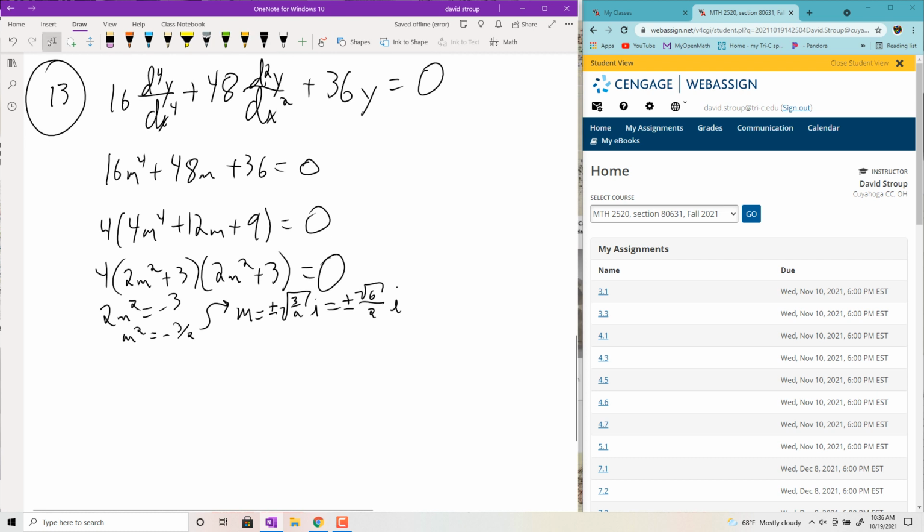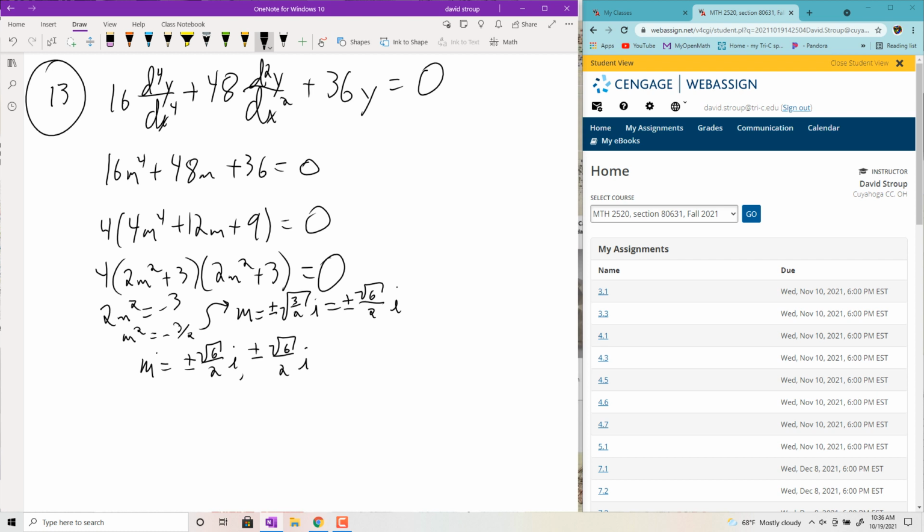Repeated, right? So the roots of the auxiliary are going to be plus minus root 6 all over 2i, plus minus root 6 all over 2i. So remember, when you're repeating roots for these linear homogeneous equations with constant coefficients, you just kind of tack on an x as you repeat.